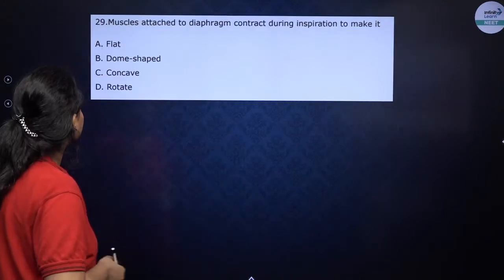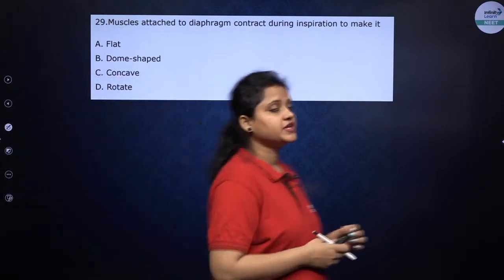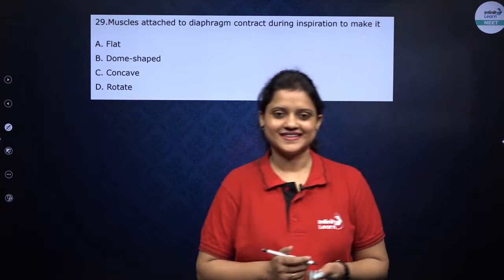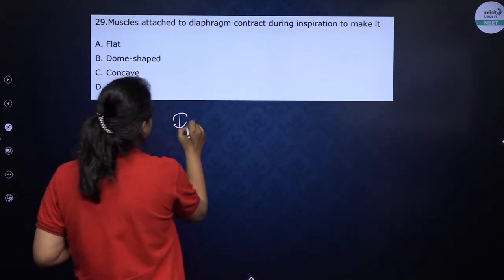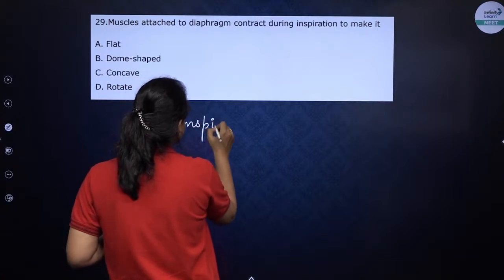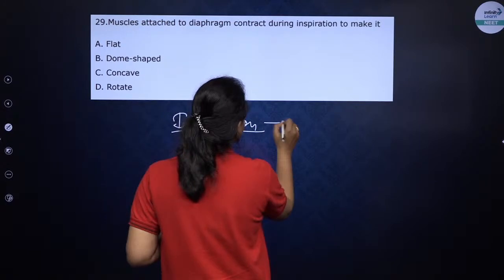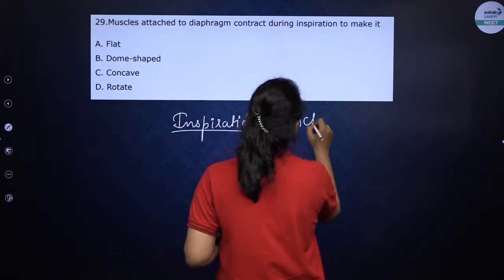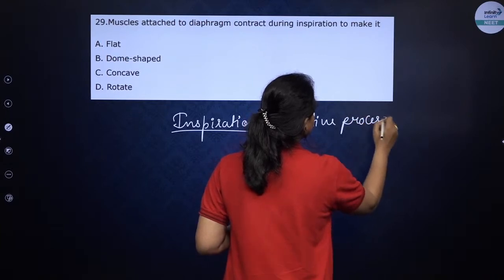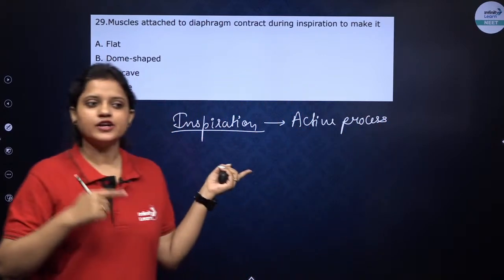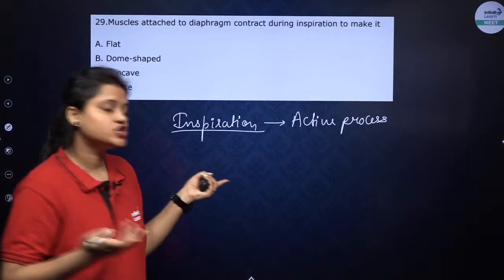Next question. Muscle attached to the diaphragm contract during inspiration to make it. Inspiration के time पे क्या होता है? Let's write it down. Inspiration is an active process. What happens during this process? There is contraction of muscles. Which two muscles?